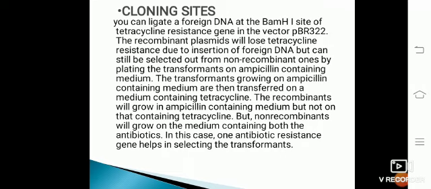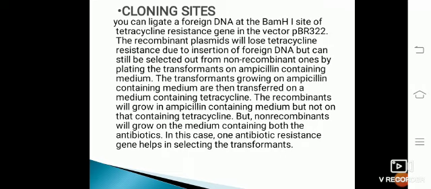A recombinant plasmid means foreign DNA inserted into the plasmid. A recombinant plasmid loses tetracycline resistance due to insertion of foreign DNA, but can still be selected from non-recombinant ones by plating the transformants on ampicillin-containing medium.